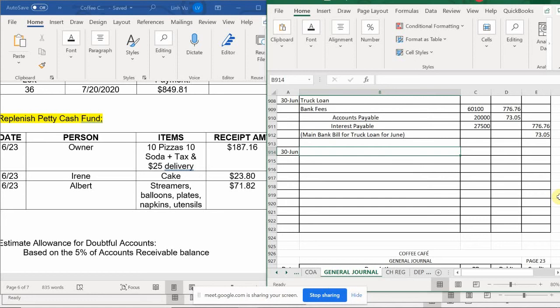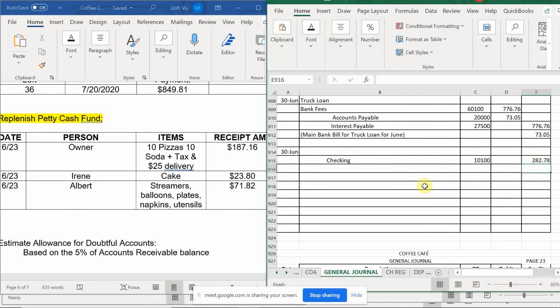So the total is $282.72 that we spent out of the petty cash fund, and the petty cash fund was $500. Okay, good. 500 minus 282.72.